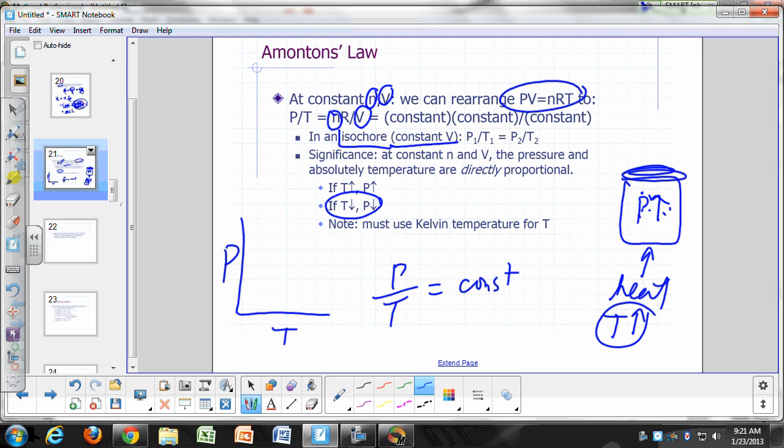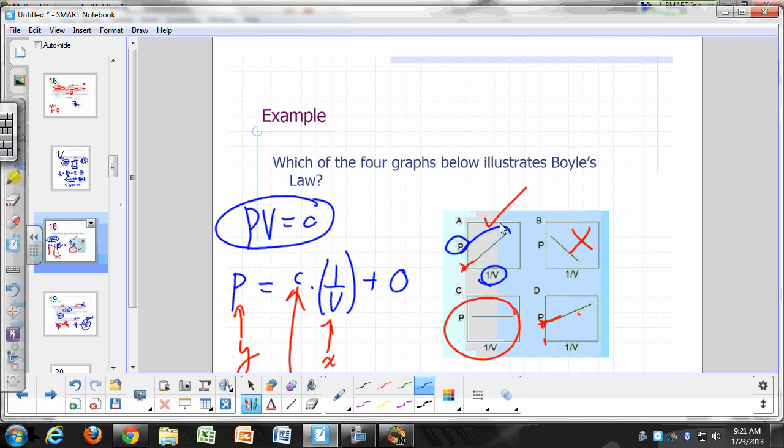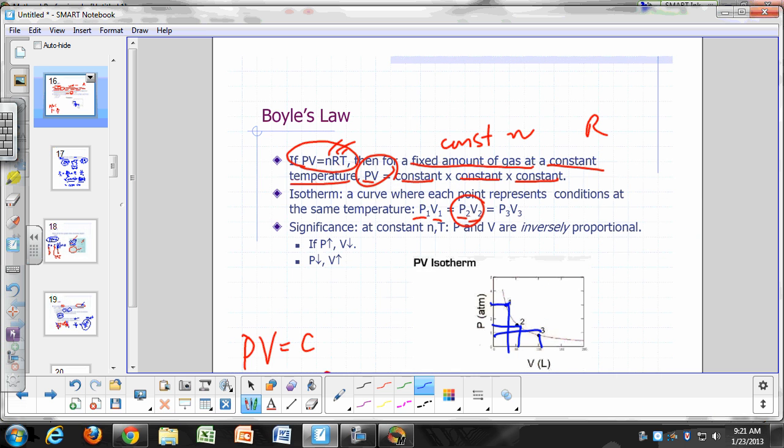called an isotherm. Earlier we had an isotherm, right? Let's go back to an earlier slide when we plotted. This would be an example of an isotherm because temperature is constant. Every point on that curve represents the same temperature. What's another isotherm that we drew earlier?